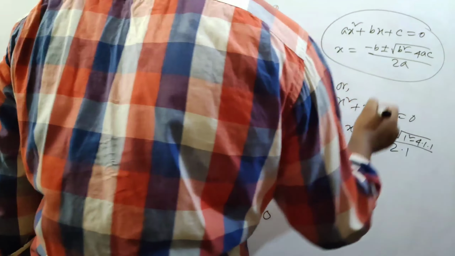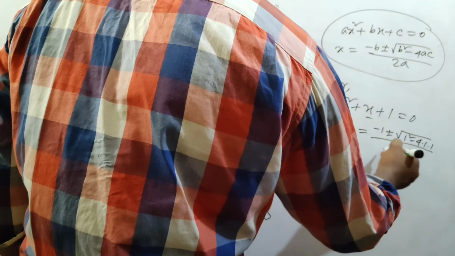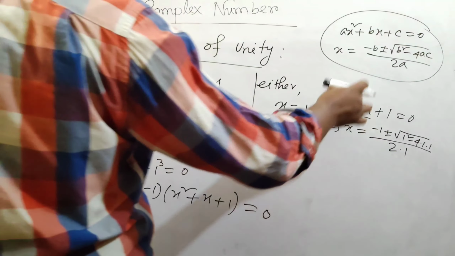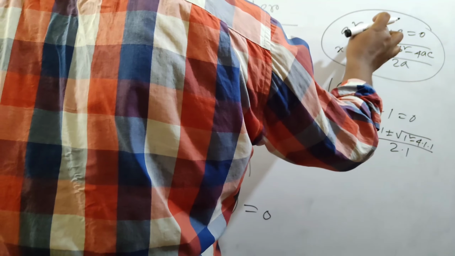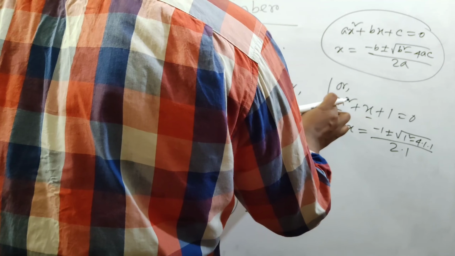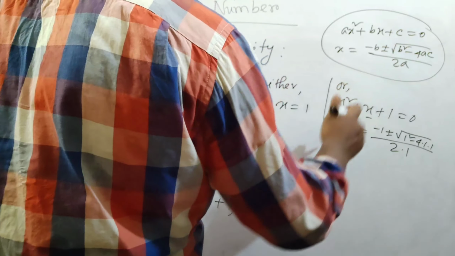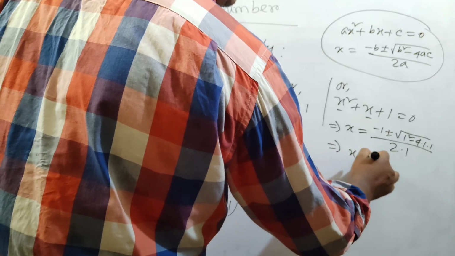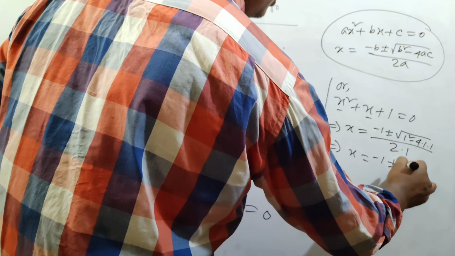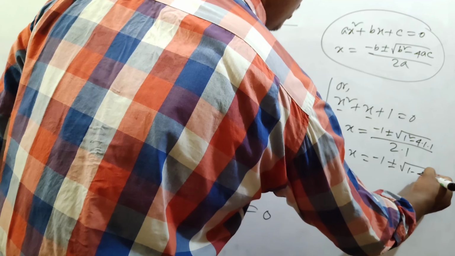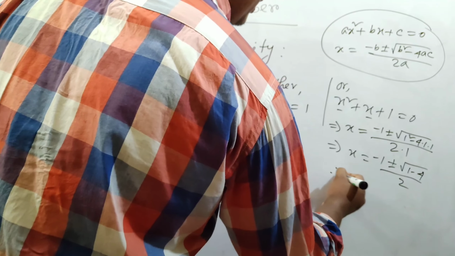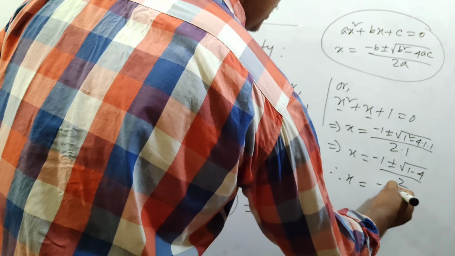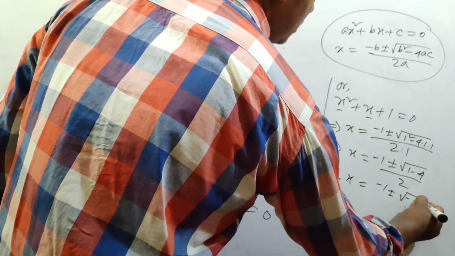If we use this formula, you can easily find this, because if you compare this equation with the general quadratic equation, here a is 1, b is 1 and c is also 1. So then what will be the value? Negative 1 plus minus root over 1 minus 4, over 2, or finally x equals negative 1 plus minus root over negative 3, by 2.